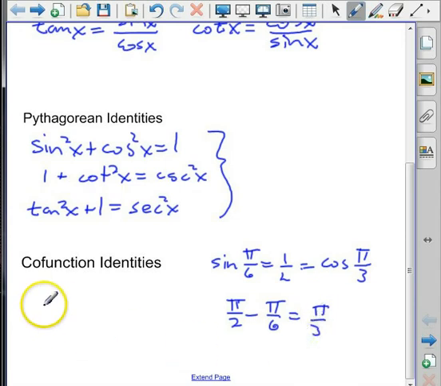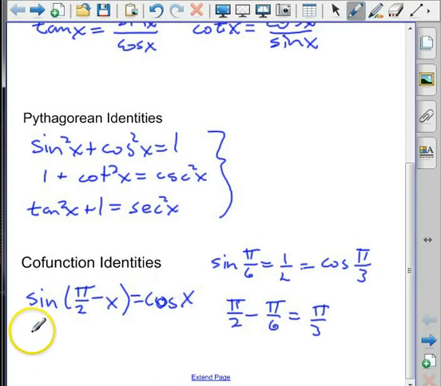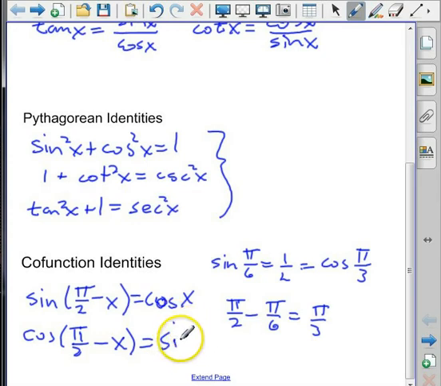So we can expand that to be a general formula, which says that the sine of pi over 2 minus x is the same thing as the cosine of plain old x. The cosine of pi over 2 minus x is equal to the sine of x.